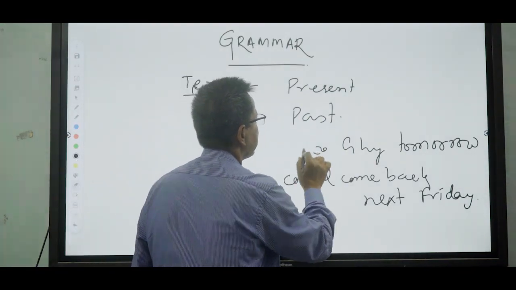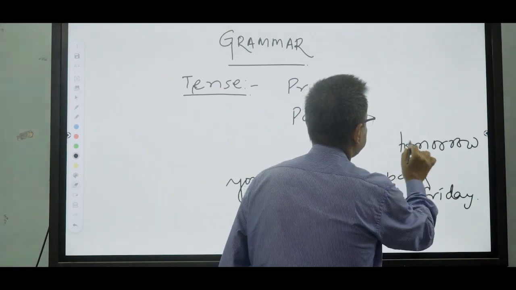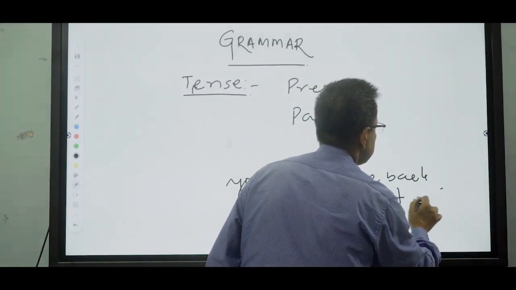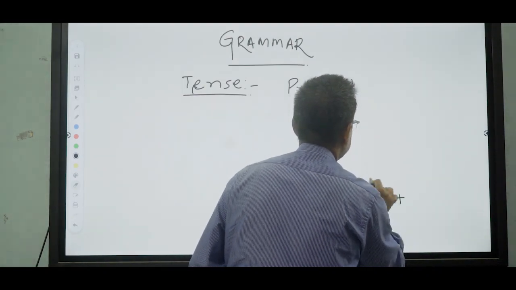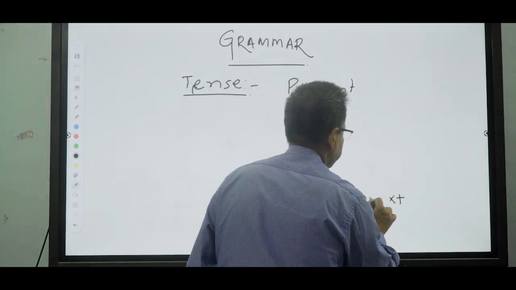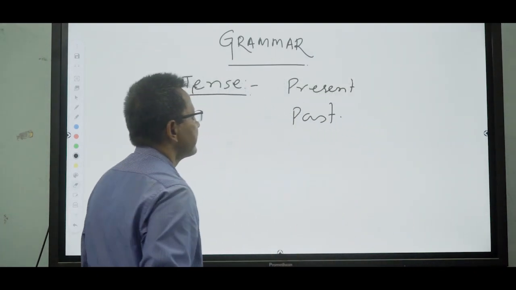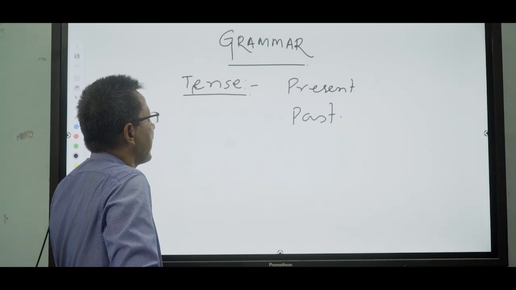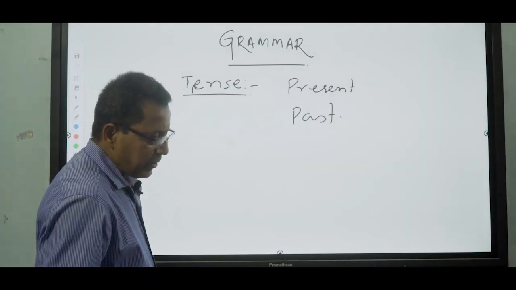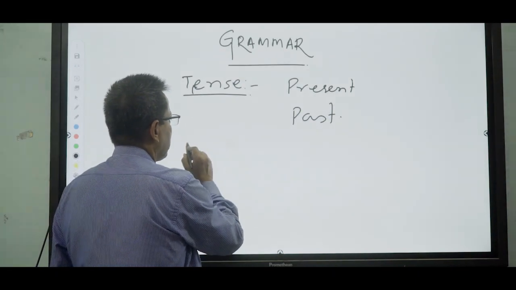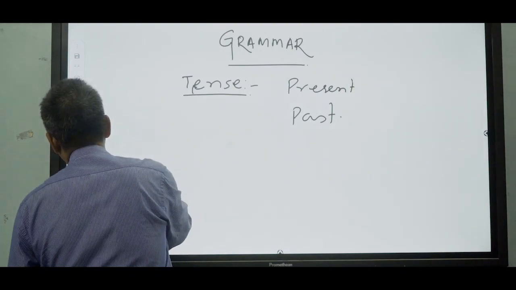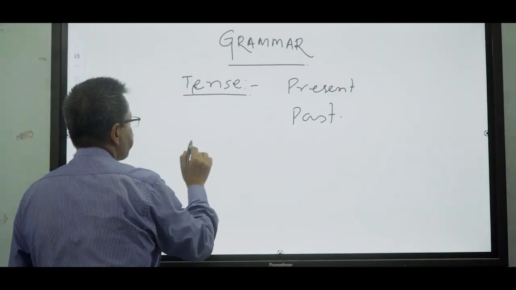And therefore, we must restrict ourselves to these two tenses, and others as the future tense exist in other languages. In English language it doesn't exist. Now each tense has got 4 forms. We will compare 2 forms of present tense today.